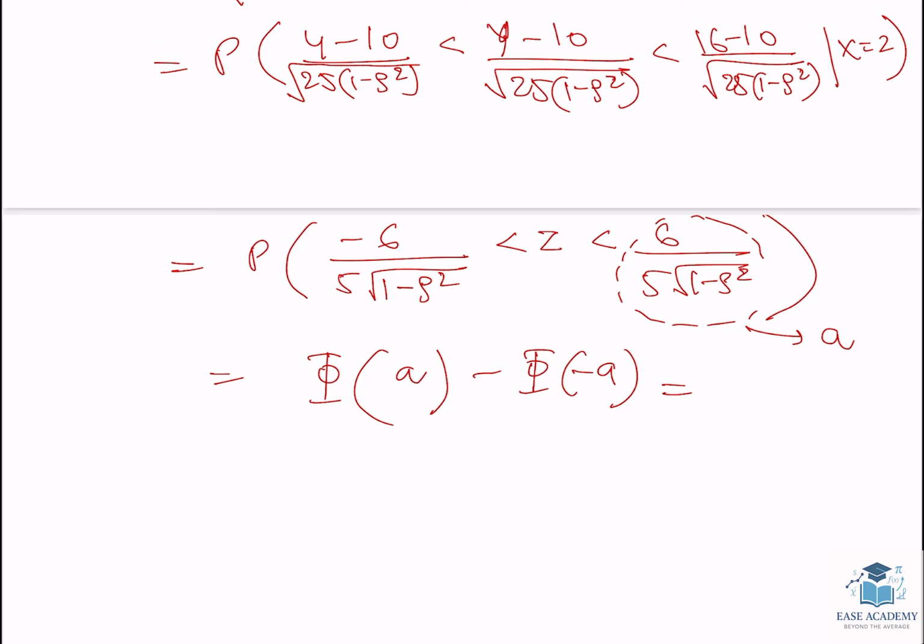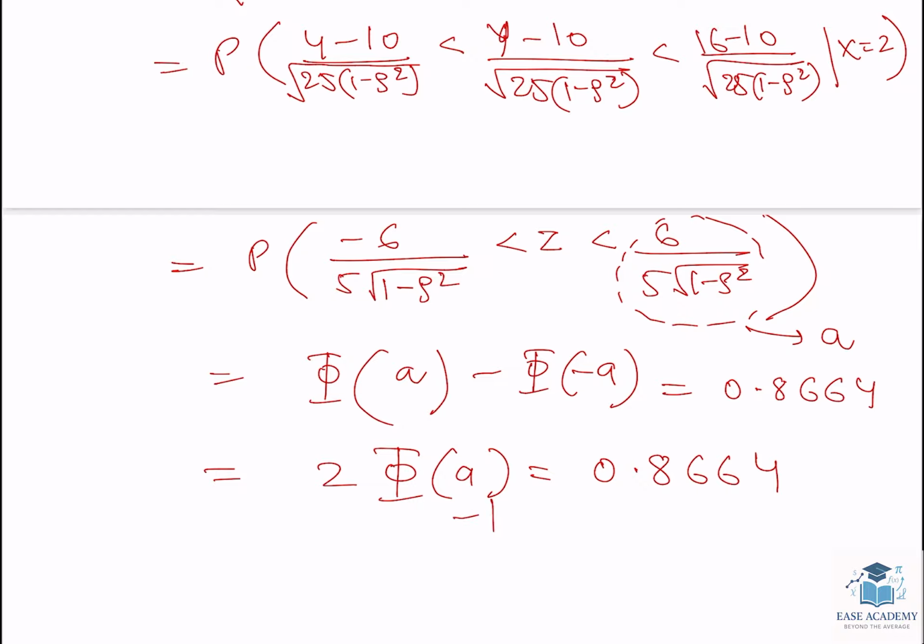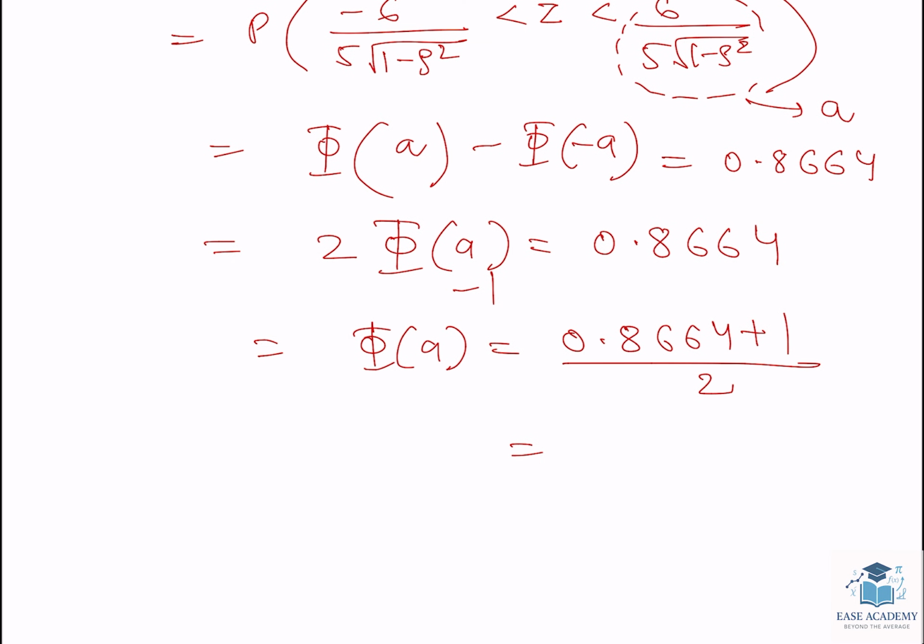This is given as 0.8664. This can be written as 2 Phi(a) minus 1 equal to 0.8664. That means Phi(a) is (0.8664 plus 1) divided by 2, which is 0.9332.